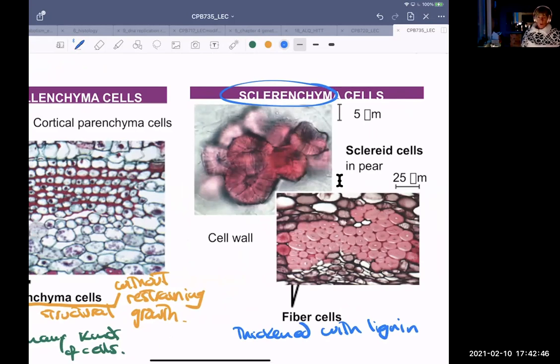And they support. That is their function, is support. And unlike the collenchyma cells, they cannot elongate.